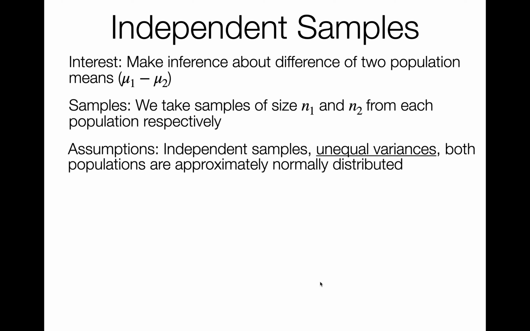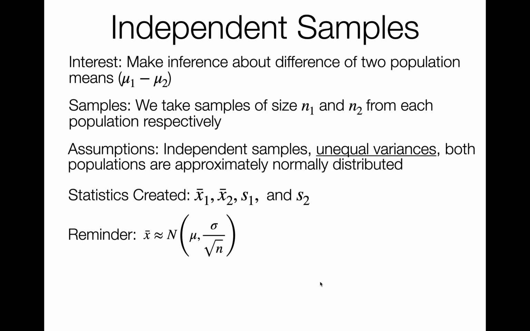Okay, so normal distribution. The statistics that you create for each sample that you take, you have a sample mean and a sample standard deviation. And then we get to the sampling distribution.